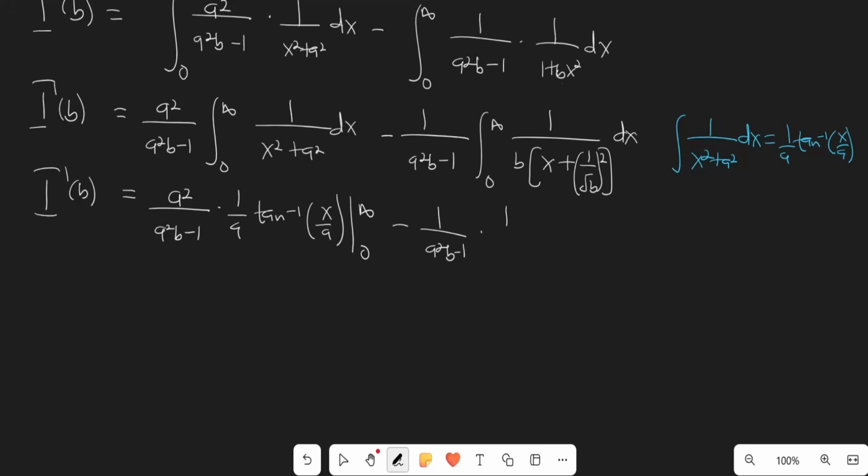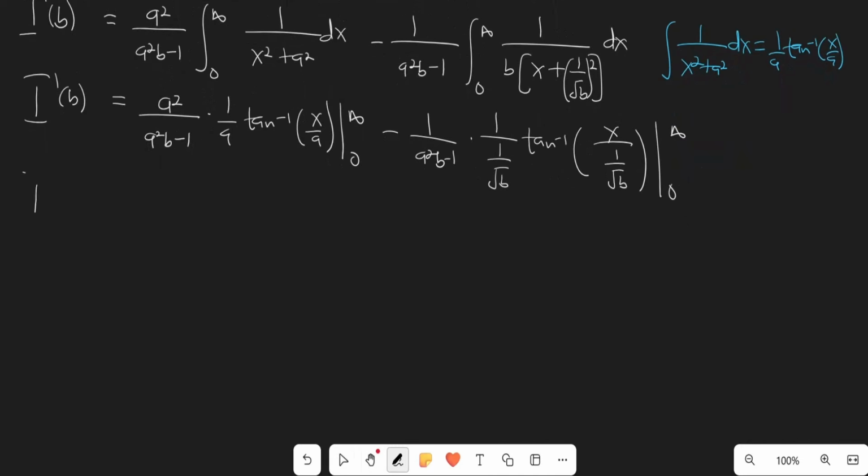This is multiplied by 1 over a, here is 1 over the square root of b, and then we have the tan inverse of x all over 1 over the square root of b, the limits of integration from 0 to infinity as well. I prime of b is equal to, this will cancel one of the a's, leaving a on top, a squared b minus 1 at the bottom.